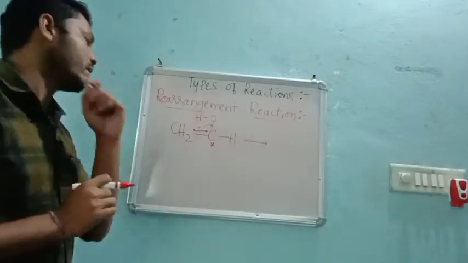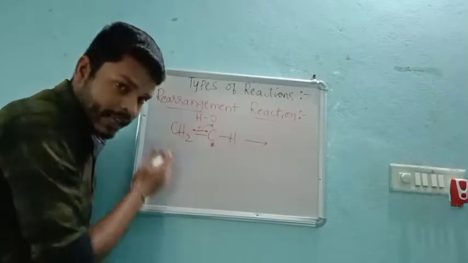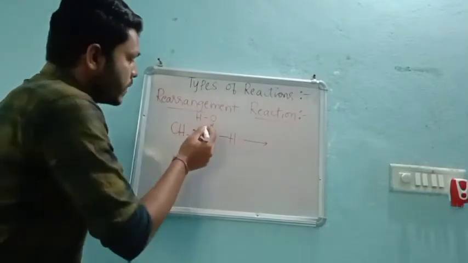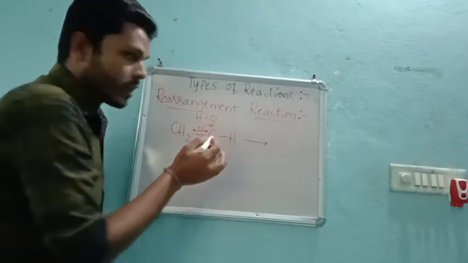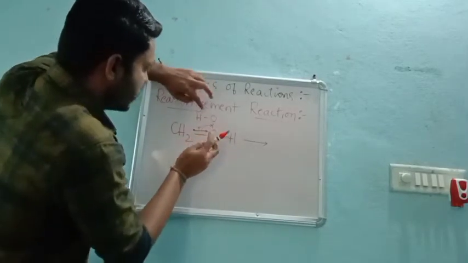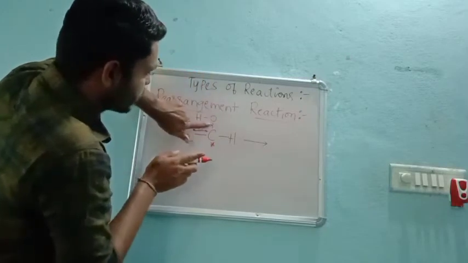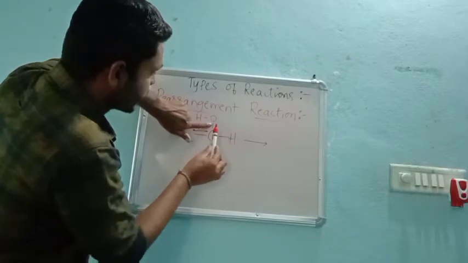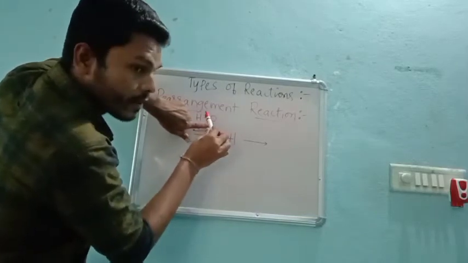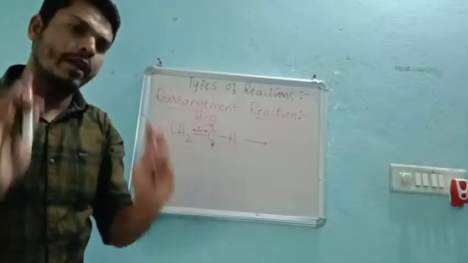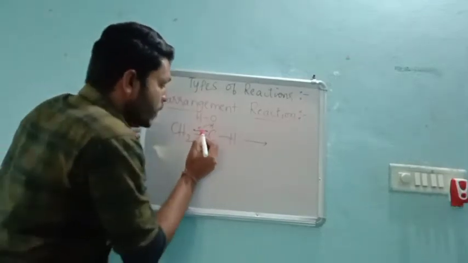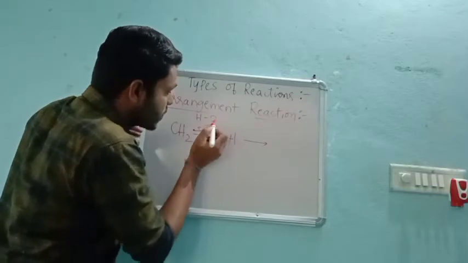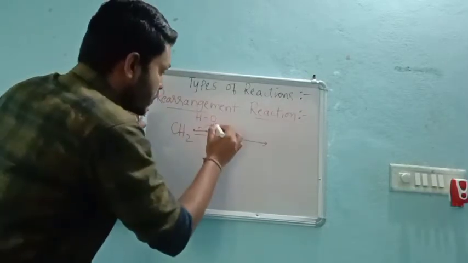That means what is rearrangement? Within the same molecule, we are rearranging the compound. Now, see here, the oxygen, before this pi electron comes near to the oxygen, what was the condition of oxygen? 1 bond, 2 bond, and the valency of oxygen is 2. Now it is already satisfied, but what is happening? One extra bond is coming in between carbon and oxygen. I will just show you later.